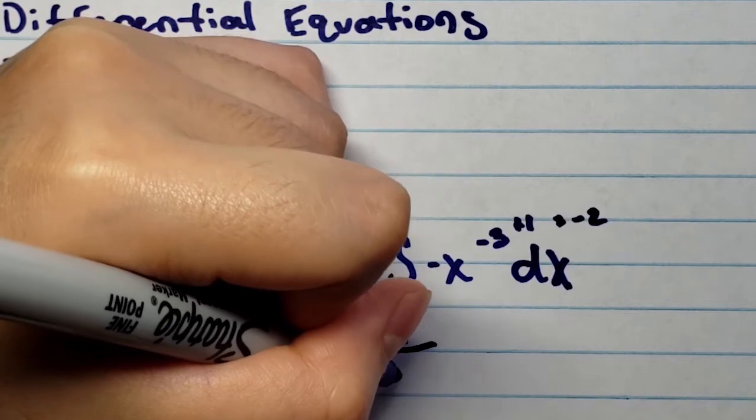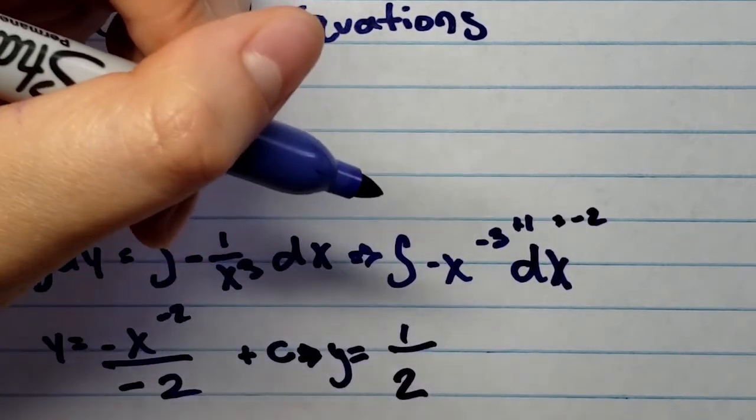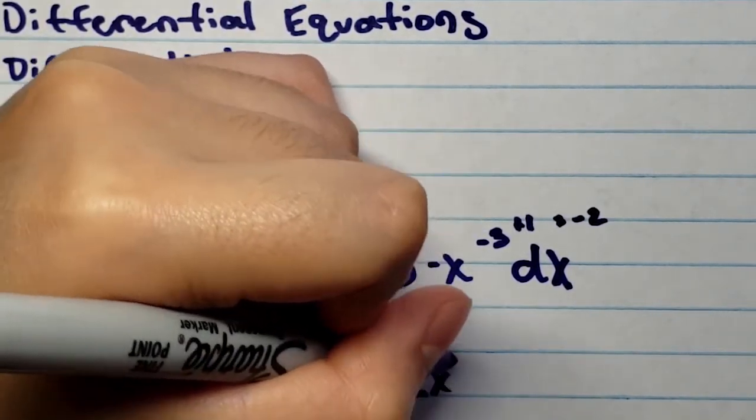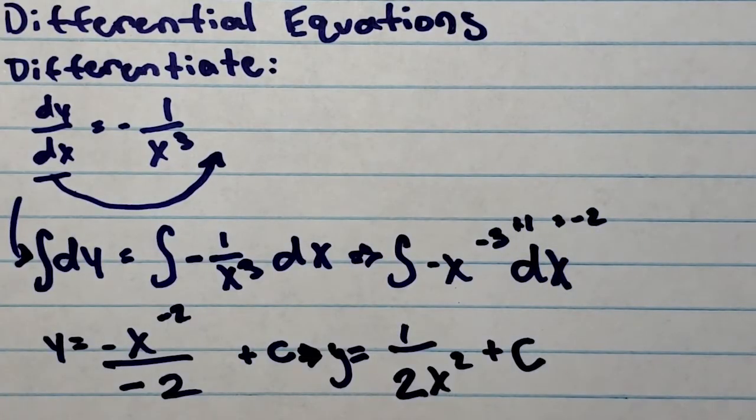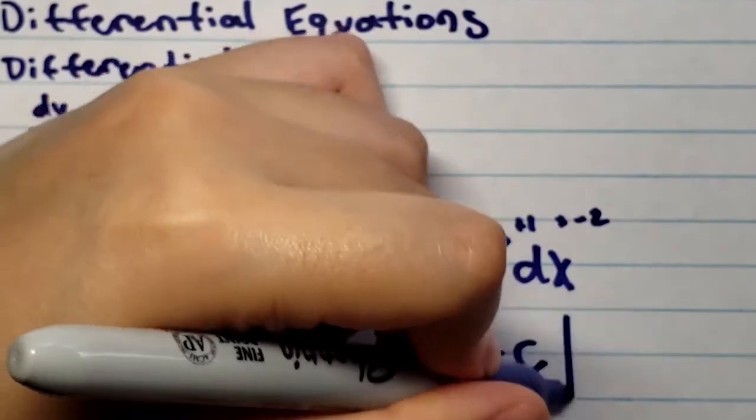Further simplifying this, you can convert the negative 2 exponent into the denominator.